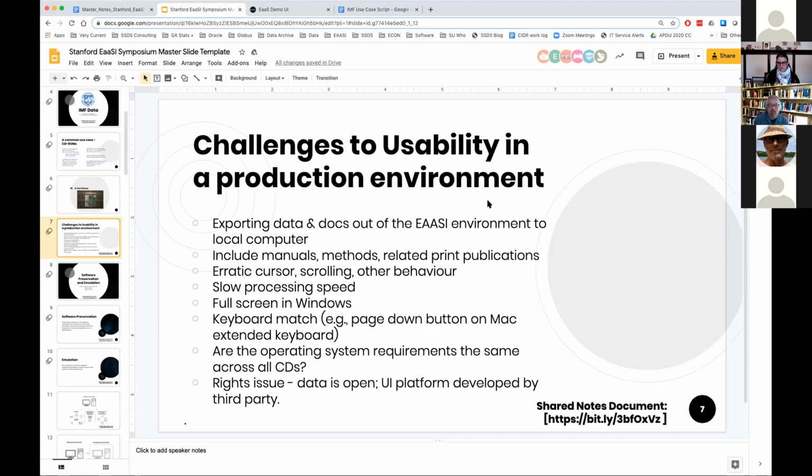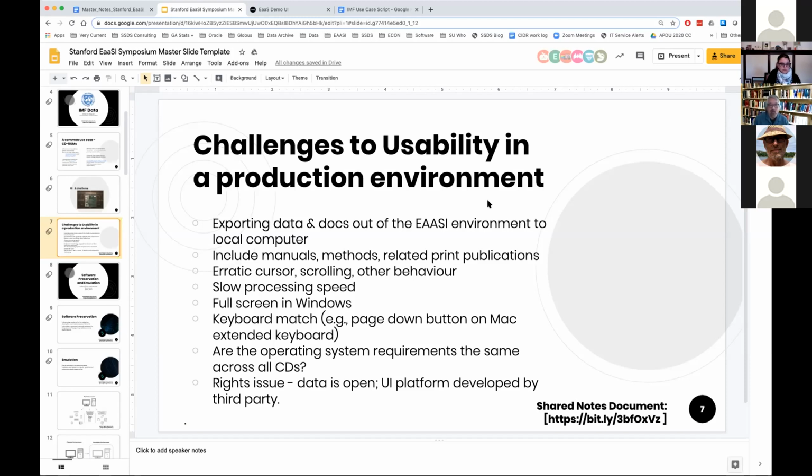The slow processing speed of the emulator is something that we've all experienced when we've run things like Fusion on our own software, because emulation is not necessarily running natively on the hardware. Full screen in Windows: hopefully people were able to see it, but you're constrained within the environment to the extent to which the window will go.